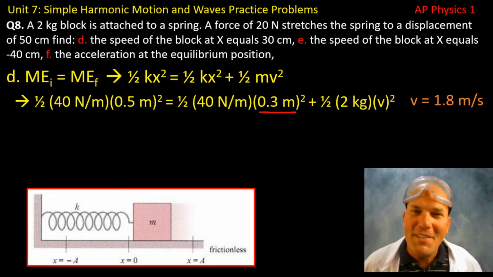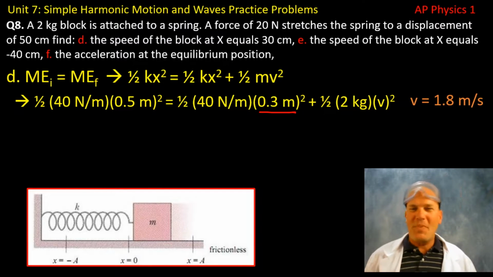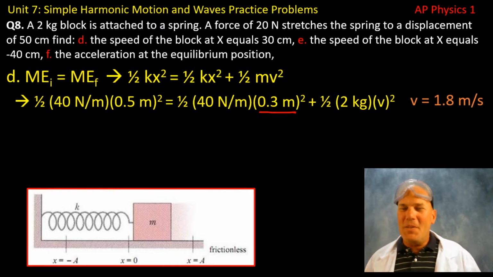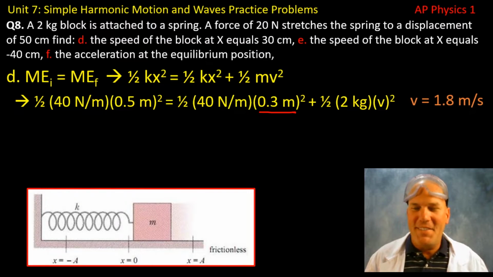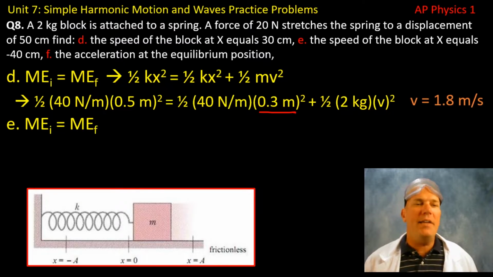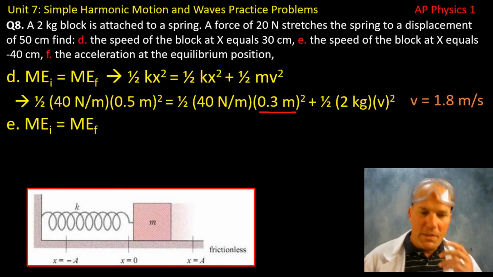Whew. Thank goodness that is less than its maximum speed of 2.2 meters per second. So this number makes sense. Now, for E, you want the speed of the block at x equals negative 40 centimeters.